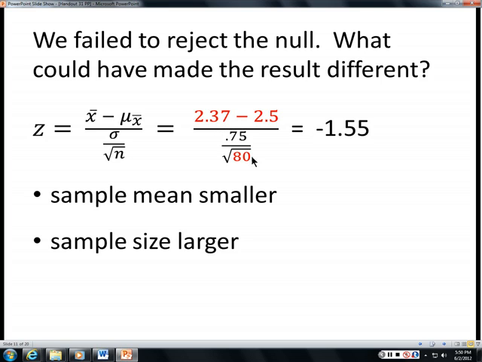Another thing that could have actually helped was to make the sample size larger, because the larger your data, the more robust your results, and this number being larger would also make this a smaller negative number.